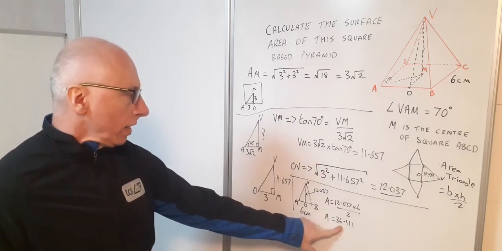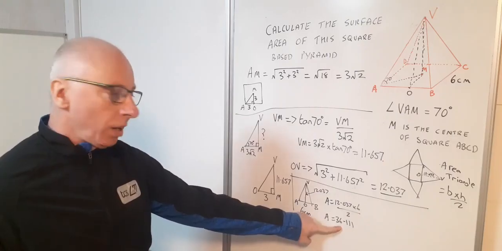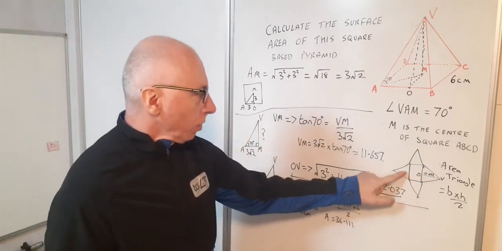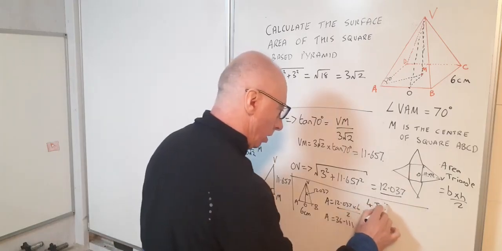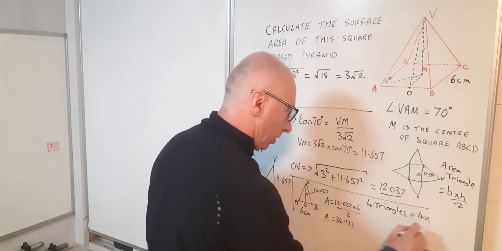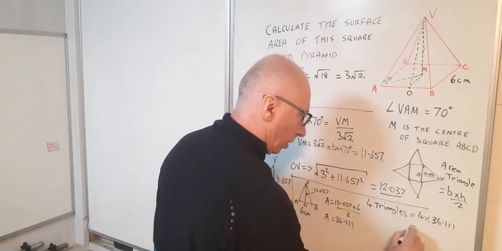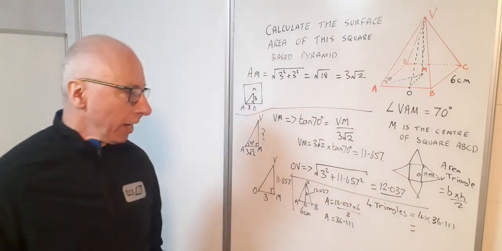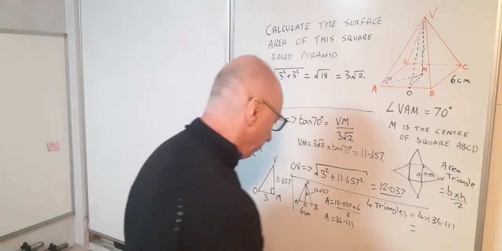So one triangle is that, but we've got 4 of these triangles. So we've got 1, 2, 3, 4 there. So the 4 triangles, they are 4 times whatever that is. So 36.111, which equals, well, we can do that in our heads as well. 36 times 4 is 144.